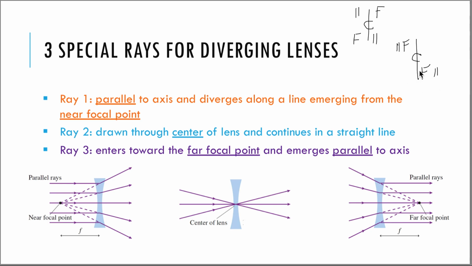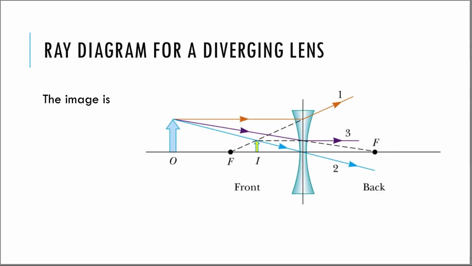So this is for the diverging lenses. Let's take a look at a ray diagram in action here. The good thing is that they're all going to look the same no matter where the object is placed when you have a diverging lens. So let's look at ray number 1. It's parallel to the axis and then it diverges as though it came from the focal point on that same side.